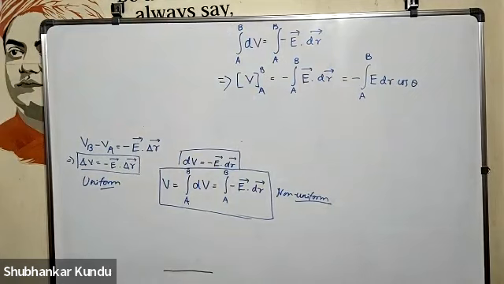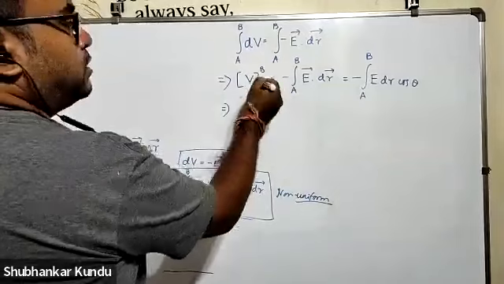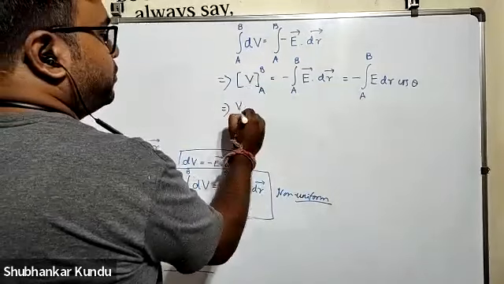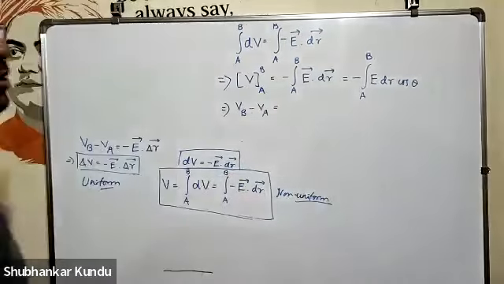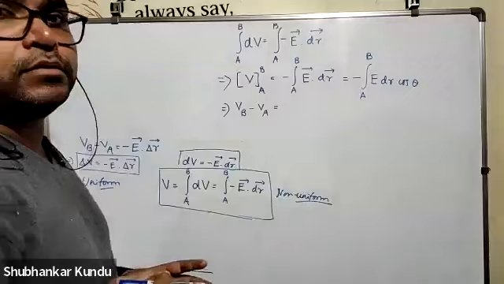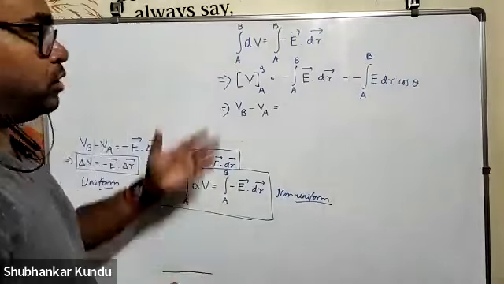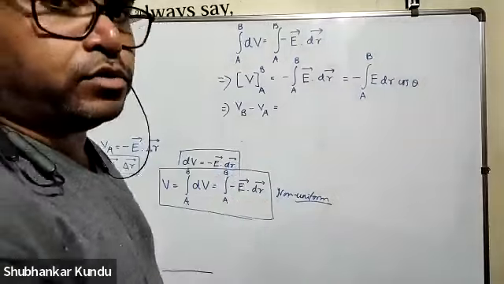Put the limits of B and A. It will be VB minus VA. What is your E? E is uniform. We are talking about deriving the relation when the field is uniform.